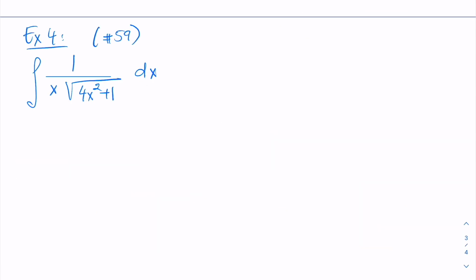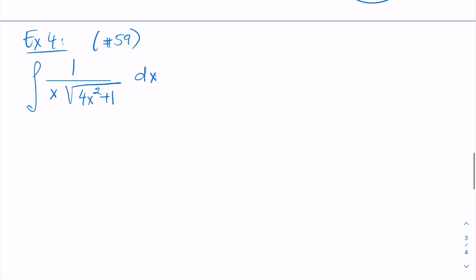For this problem, when you see the square root of 4x squared plus 1 like this, you should think of the trig substitution. So you can see right here is 2x squared plus 1 squared. So I'm going to let 2x be tangent theta.